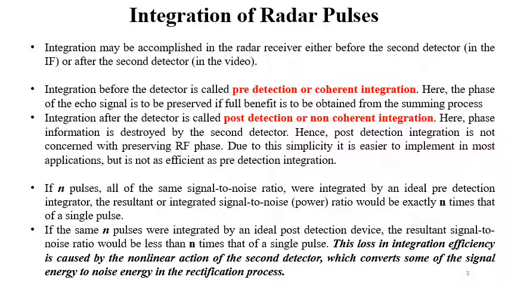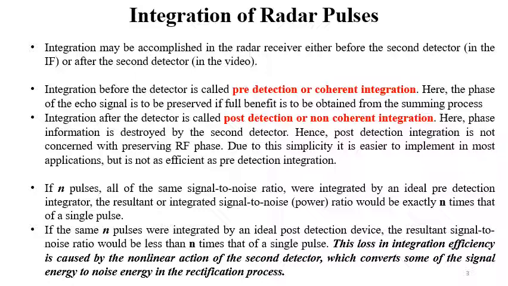Due to this simplicity, it is easier to implement in most applications, but it is not as efficient as pre-detection integration. Now if n pulses, all of the same signal to noise ratio, were integrated by an ideal pre-detection integrator, the resultant or integrated signal to noise ratio would be exactly n times that of a single pulse.